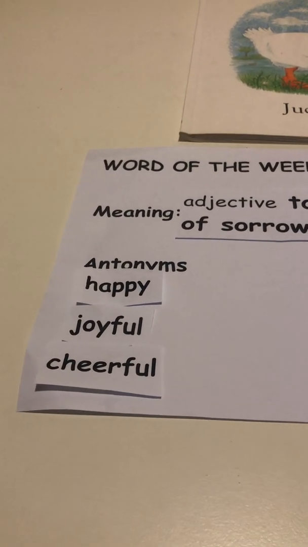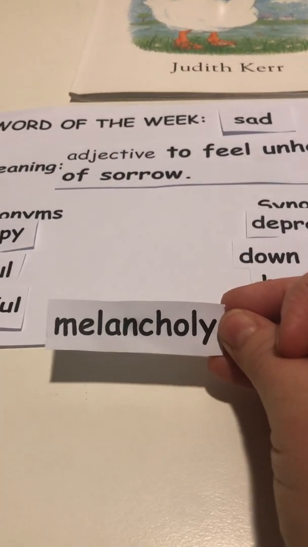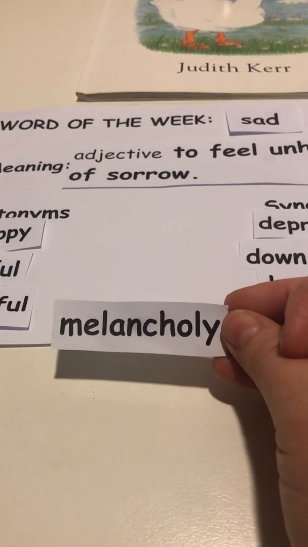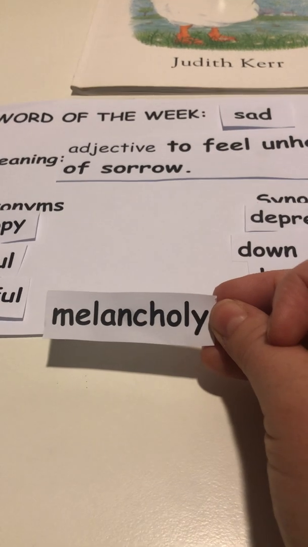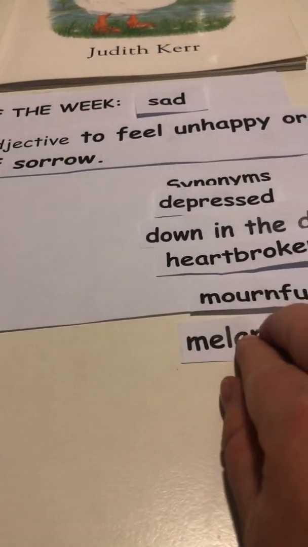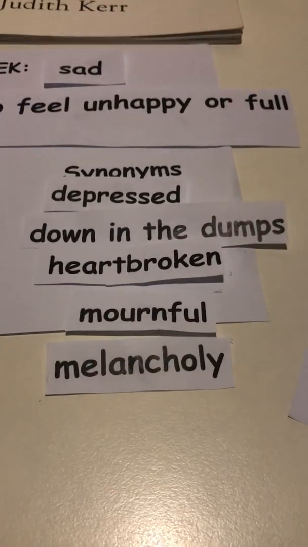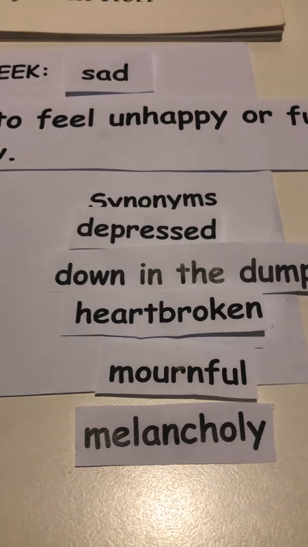And we'll just do one more because I think this is a great word. Melancholy. Now that's a really big word, and if you start using this word when you're doing some writing, I will be incredibly impressed. Melancholy is another word for feeling sad or feeling down in the dumps. So if you use that word when you're writing, it is definitely very descriptive and it means that you're feeling sad.